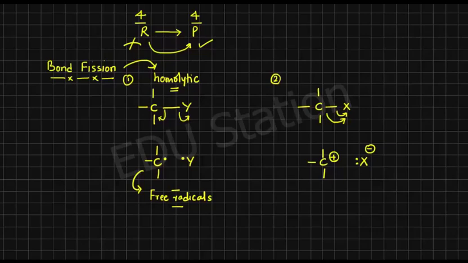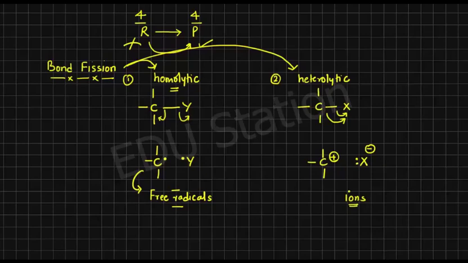Carbon has become positive because X has taken one electron from the carbon. Now, this kind of bond breaking is called heterolytic. So, there are 2 kinds of bond fission, homolytic and heterolytic. In case of heterolytic, it is for sure that ions are formed, charged species.